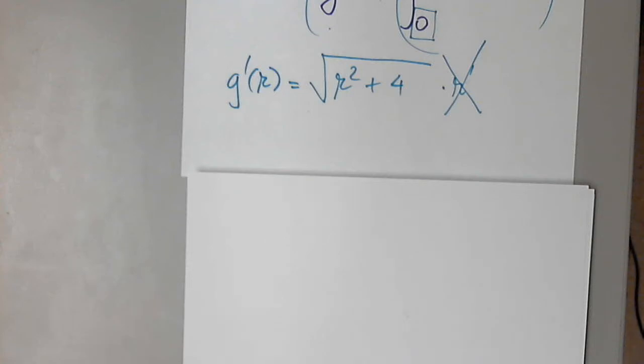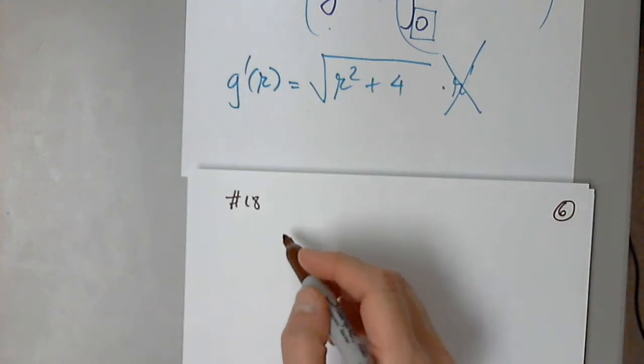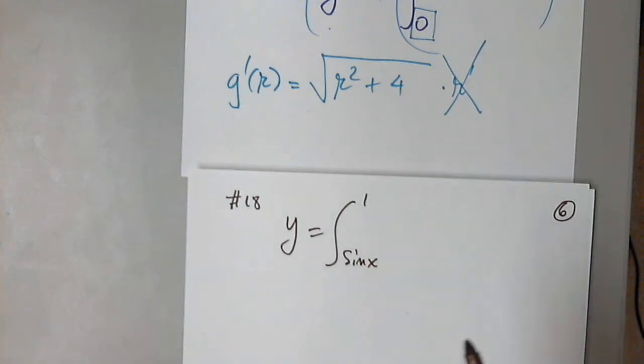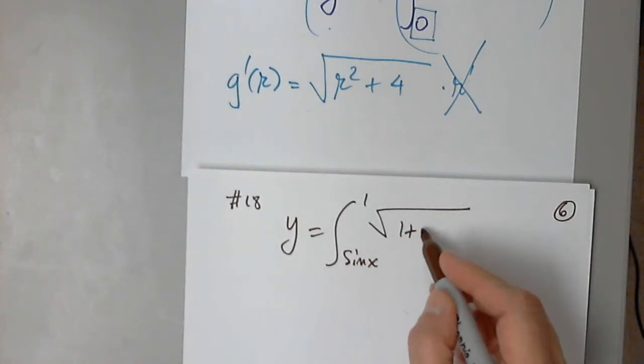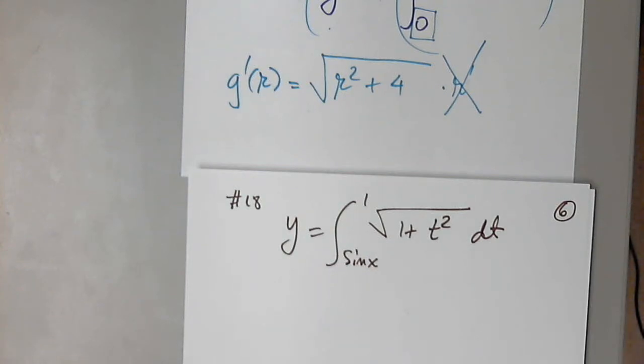Ready for the next one? What about 18? Same page. Y equals the integral from sine x to 1 of the square root of 1 plus t squared dt. What is the first thing we have to look at here?